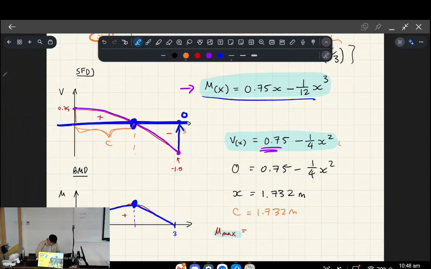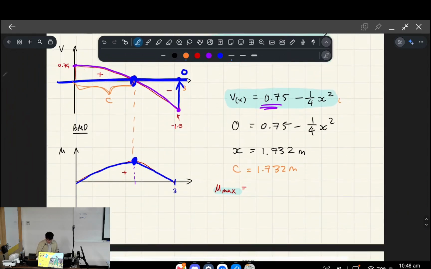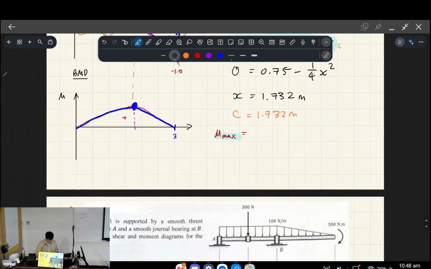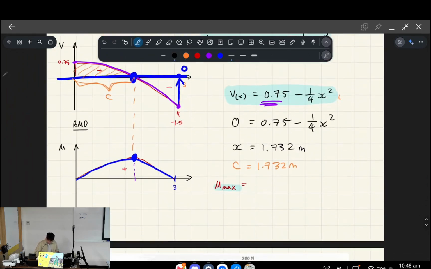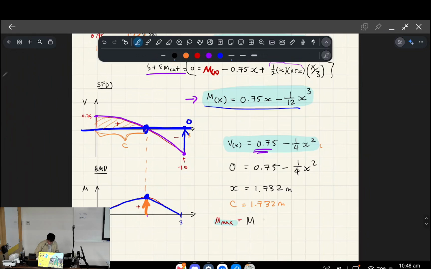Okay, so c is that distance. That distance is going to correspond with the peak of our bending moment diagram, because that's all of the positive shear that you've walked over, I guess, to reach that point there. So to find our max bending moment, we find the internal moment when we plug in x equals c.